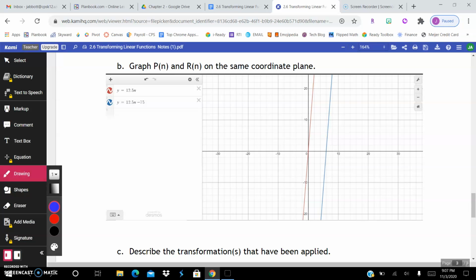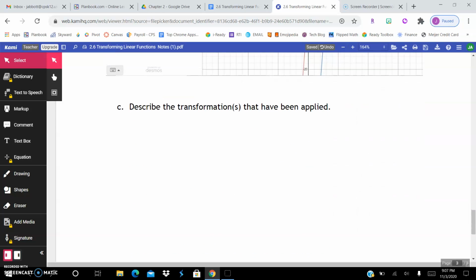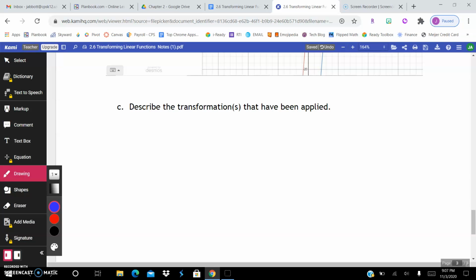So if you look at the difference here, the only difference is this minus 75 was put onto the 12.5n that we started with. So when it's just put onto the end like that, it's a translation. And it was minus 75. So that means it went down 75.